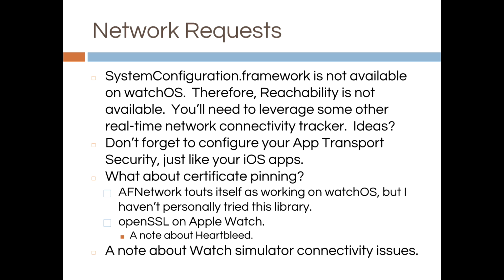So hopefully there will be something that comes along the pipeline for this, or maybe you can build your own. The System Configuration framework, which is what I rely on for reachability on iOS, isn't available on watchOS. So that means that there's no sort of notification that, hey, you don't have connectivity to the network right now. Something to keep in mind as you go and build your network connectivity directly from the watch.